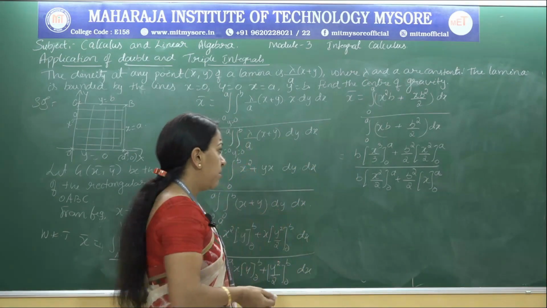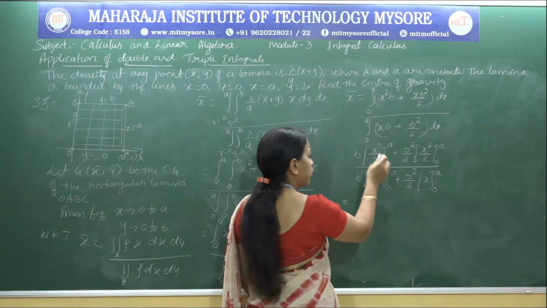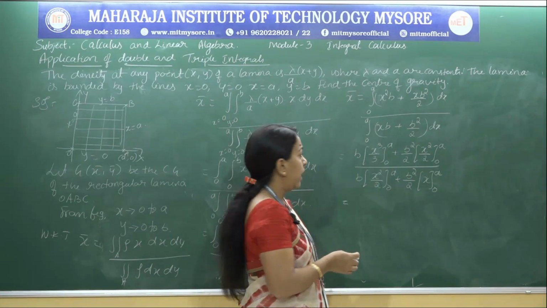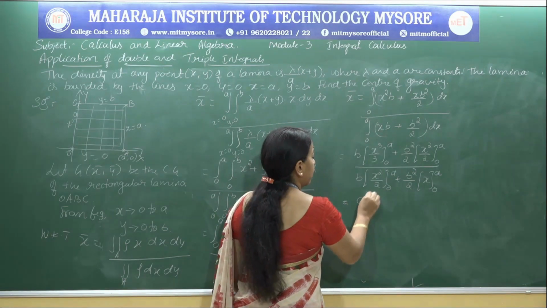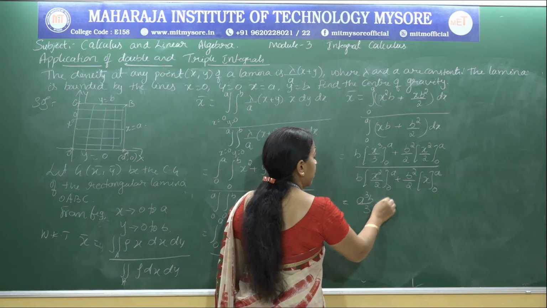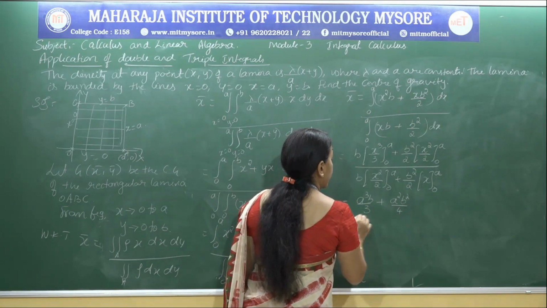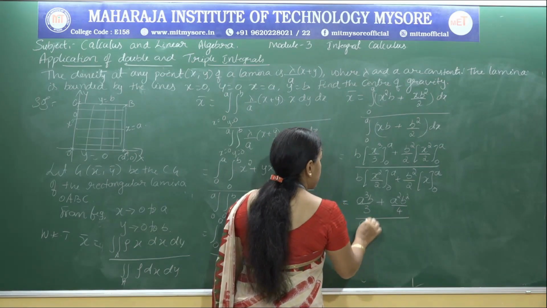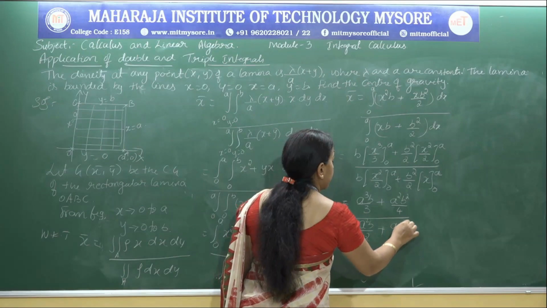Now, apply the limit and simplify, that is b by 3, and here also we have lower limit 0. If I replace x by a, we have a cube b by 3 plus a square b square by 4, divided by a square b by 2 plus a b square by 2.